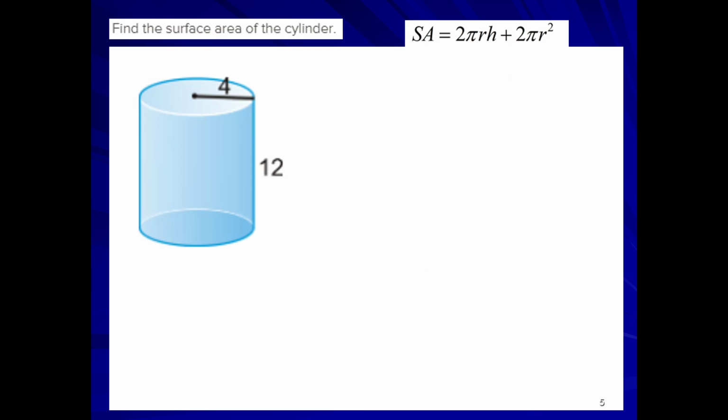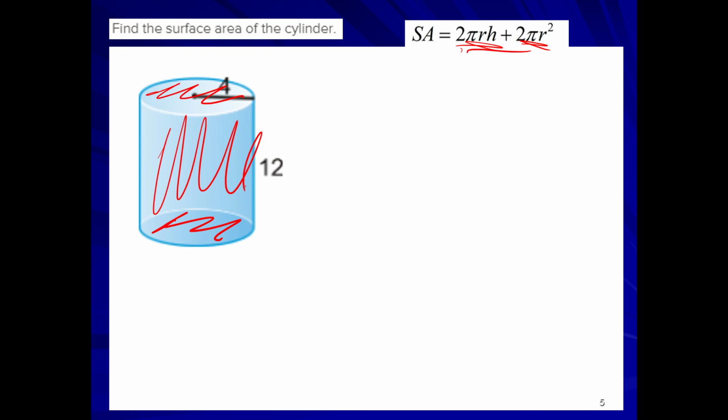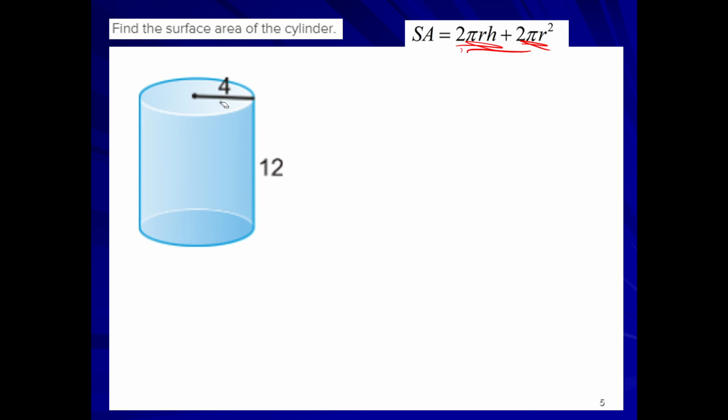All right, another example would be a cylinder. Now, cylinders have a nice formula that we can use. The 2 pi r squared is the circle at the top and the circle at the bottom. And the 2 pi r h takes care of everything else, the lateral side.